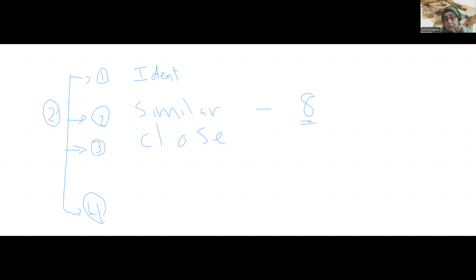Number 4, far apart. Of course, kindly do accept my apology because I'm using a mouse to write. Far apart letters means متباعدين. This means that the two letters, their articulation points are far away from each other.